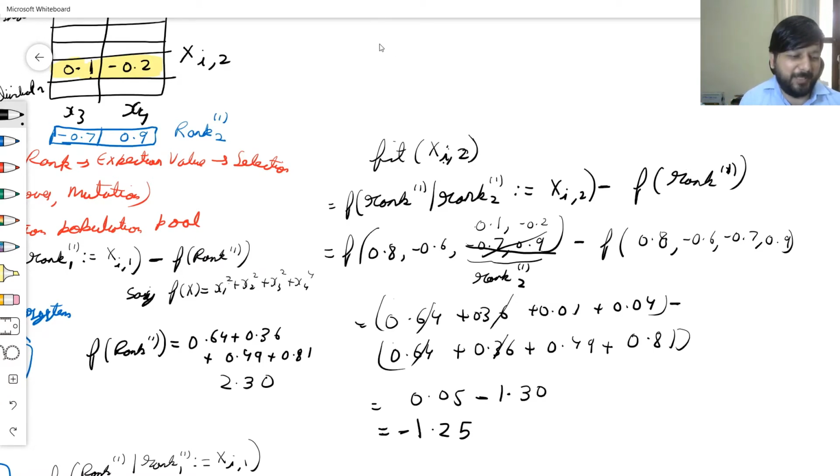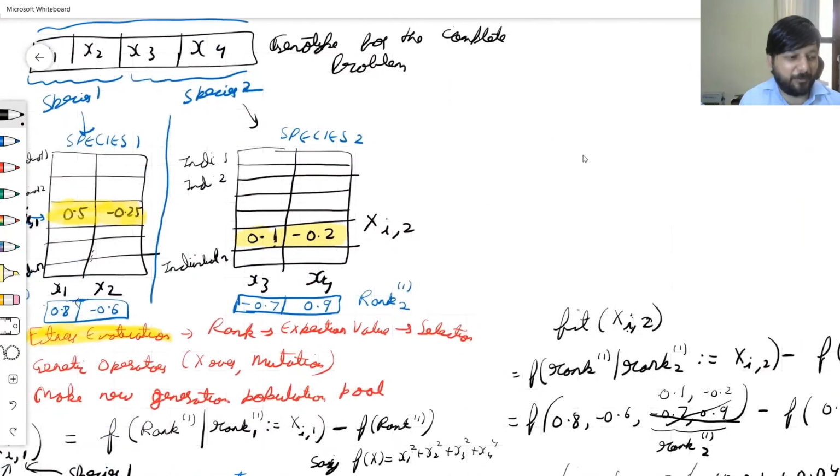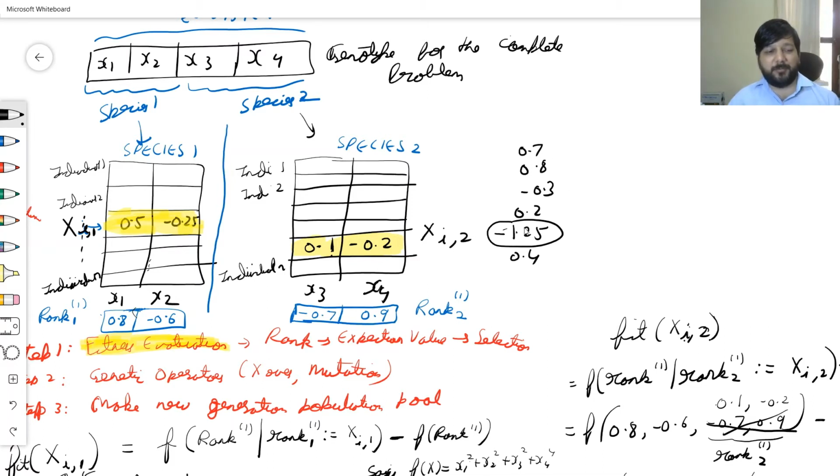So now what I'll do is I'll just write down this fitness function value over here, minus 1.25 for the minimization problem. And let's say the fitness function of all these was like this, random numbers. So the best fitness function value happens to be over here, which is of xi2. This gives me the best fitness function value for the minimization problem. It's minus 1.25, which is best amongst all of them.